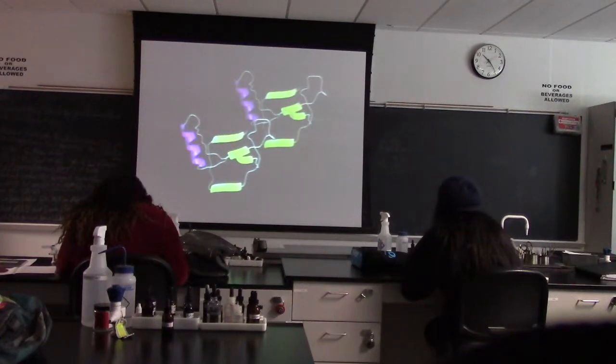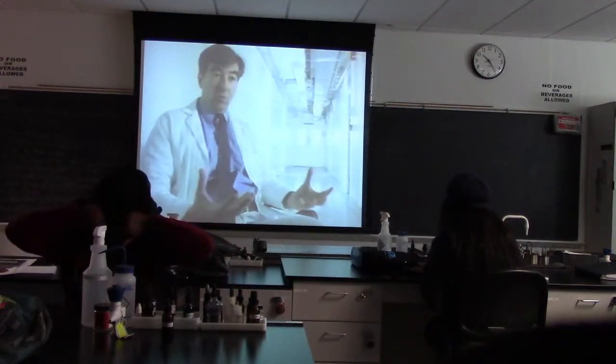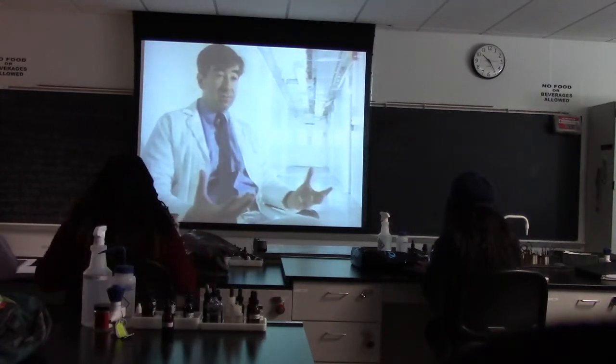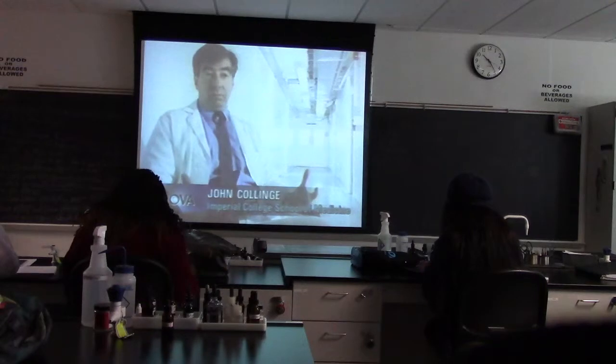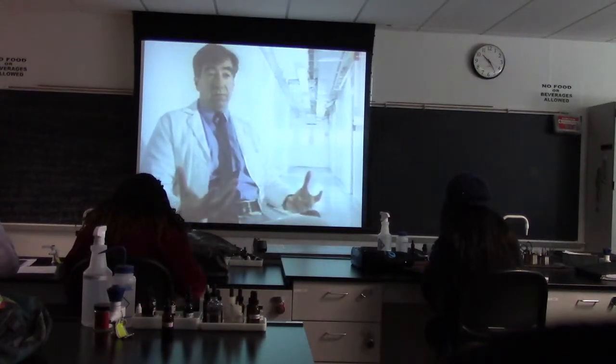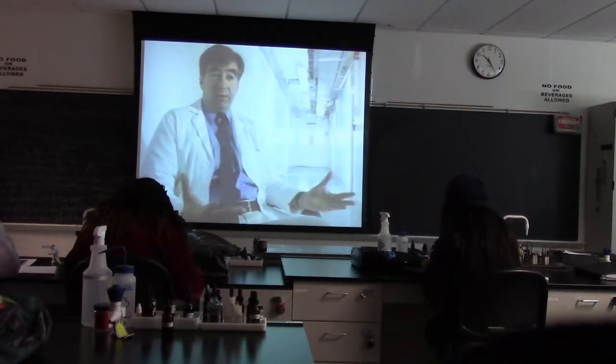It's a very strange observation that you have these two quite different forms of the same protein with quite different properties. One of them is a killer. If this protein is present in your brain, you're in serious trouble. The other one is a normal constituent of all our brains.